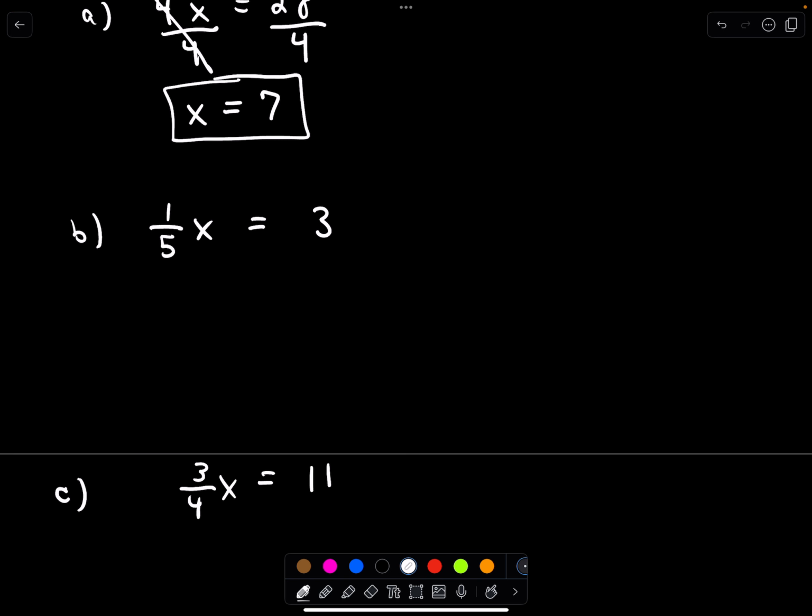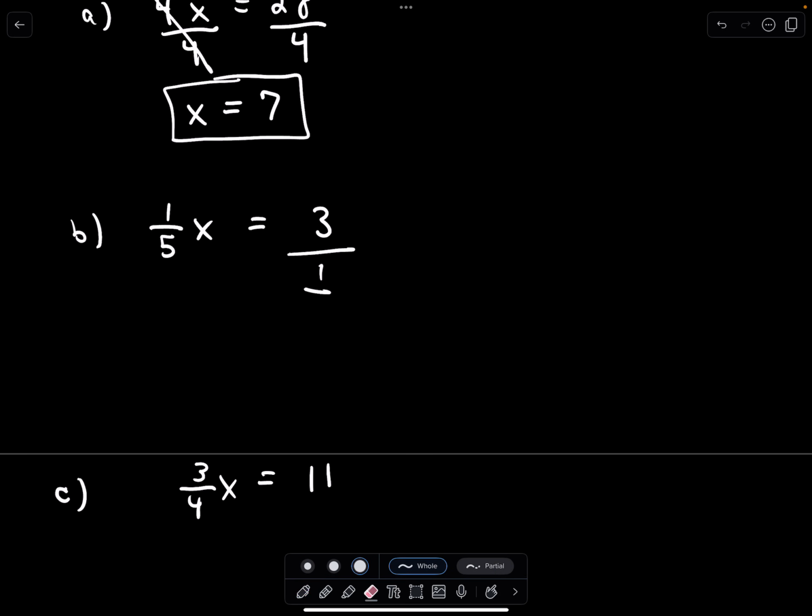Okay, so the same thing. 1/5 x equals 3. Again, whatever the coefficient is, I divide both sides by that. So 1/5, I'll take both sides and divide by 1/5. Now, sometimes people get a little confused with this fraction on the right side.